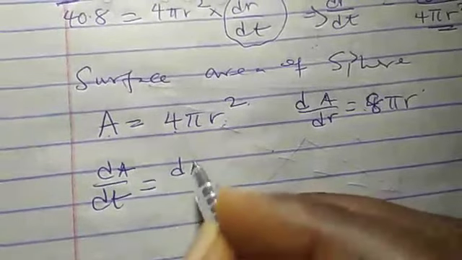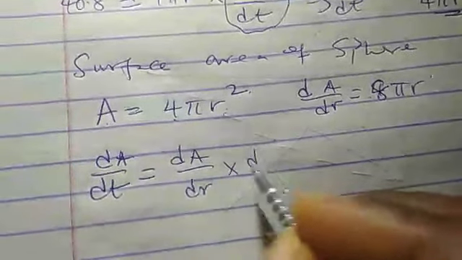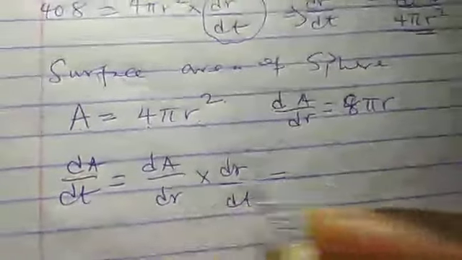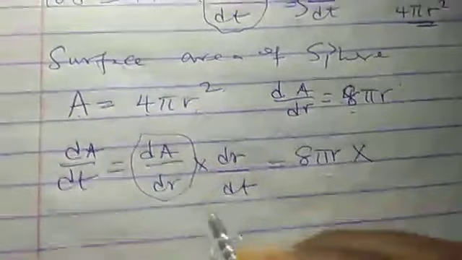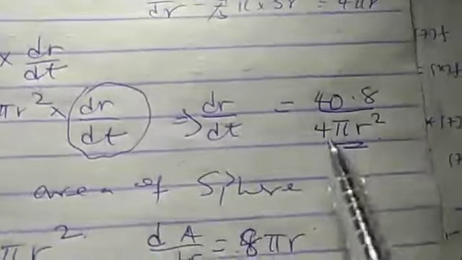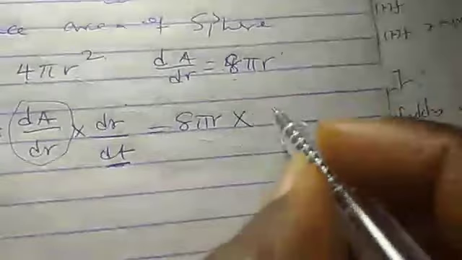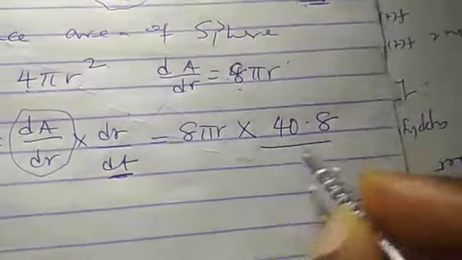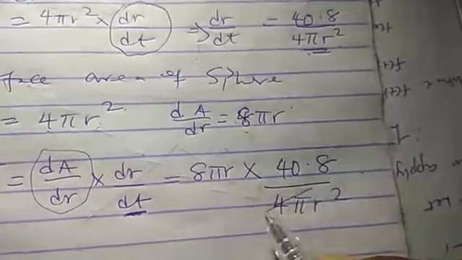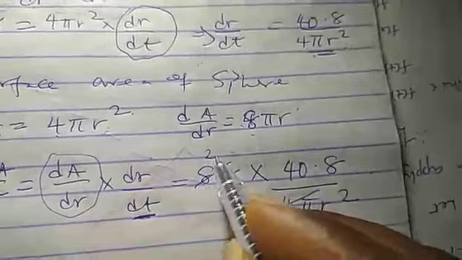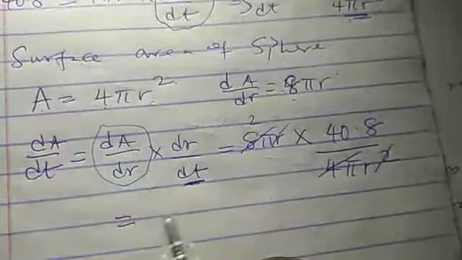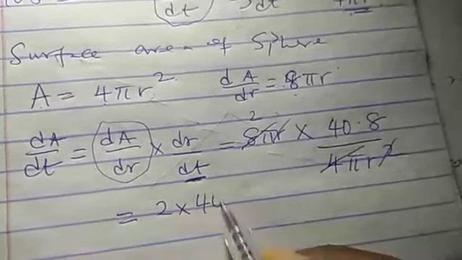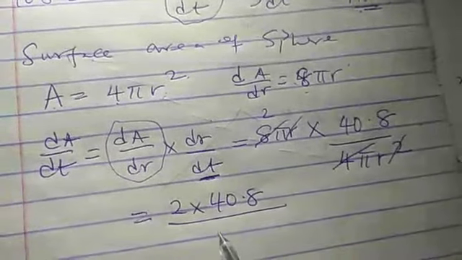dA/dt is dA/dr times dr/dt. Our dA/dr is here, 8πr, times dr/dt. This is our dr/dt here, that will be 40.8 over 4πr squared. Some things will cancel. 2, this cancels this, so that we are going to have 2 times 40.8 over, it will remain r.